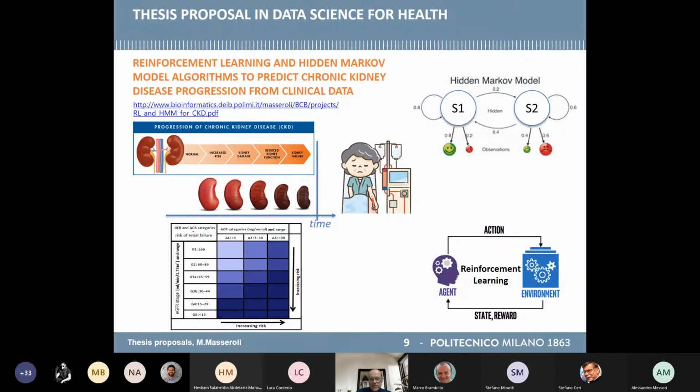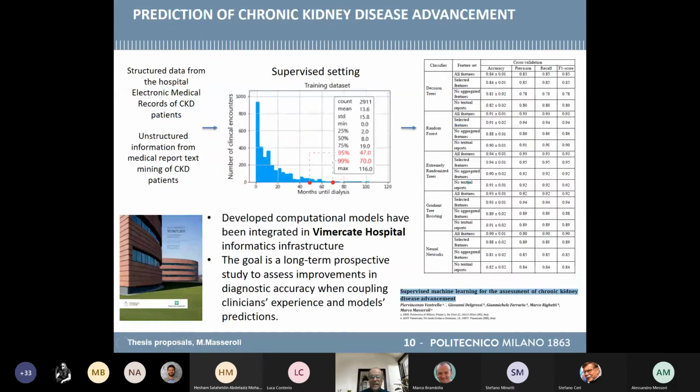So the idea is to apply to this type of data that can be collected typical approaches of data science that deal with the progression of time and the arrival of new data over time. So typically approaches of reinforcement learning and either Markov models. We already studied these problems with the previous thesis of another computer science student who made a very good work in this sense.